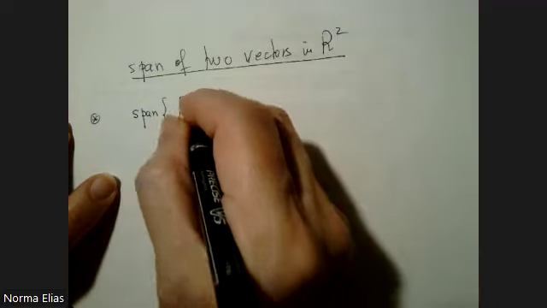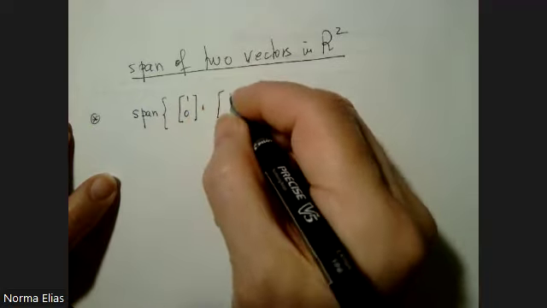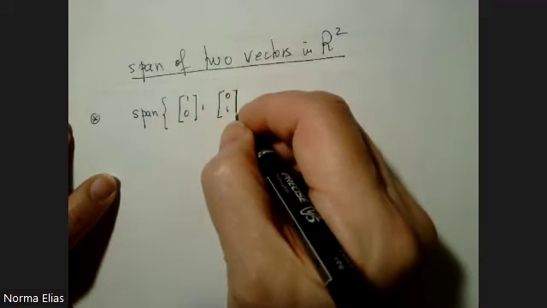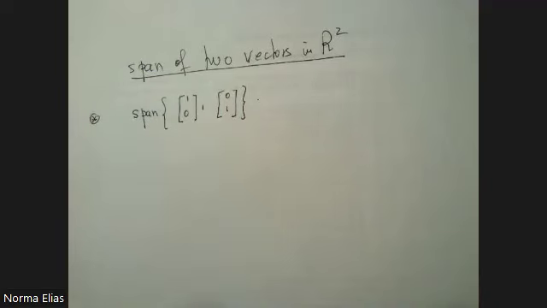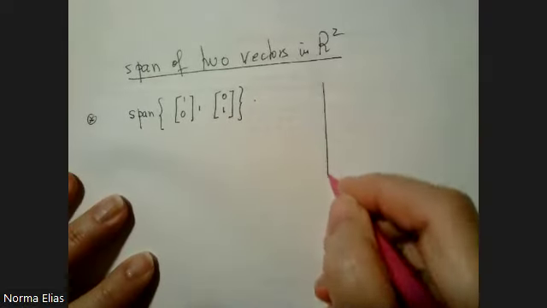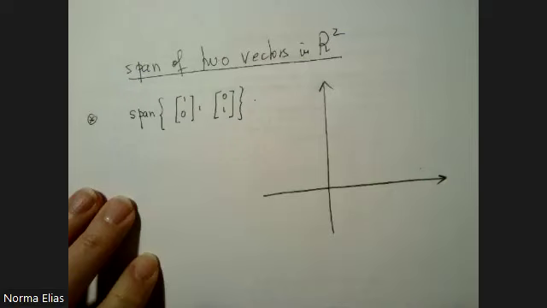So first example, what is the span of the following very specific vectors? I'm going to take the vector (1, 0) that you guys called the i vector in 261 and (0, 1), what you guys call the j vector. All right, what's the span of (1, 0) and (0, 1)? So go to the picture right here. Okay, (0, 1) is that one.